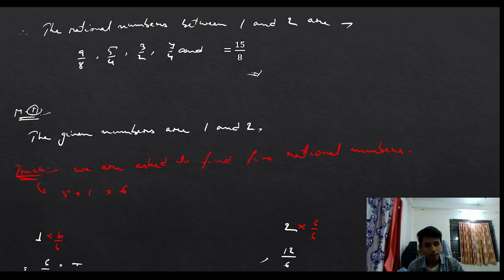Now create 5 spaces in between, and write the numbers 7, 8, 9, 10, 11 in the numerators. Now give denominator 6 to all the rational numbers and simply write the numbers in ascending order. So these are the rational numbers.